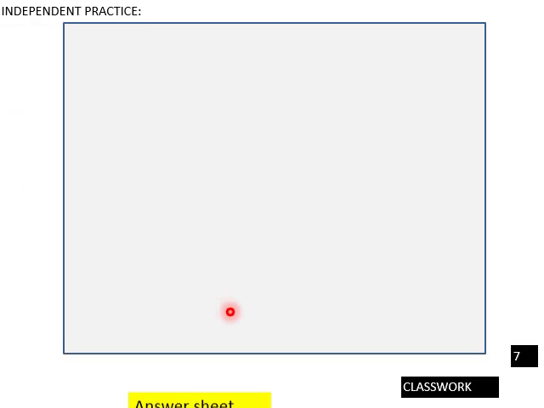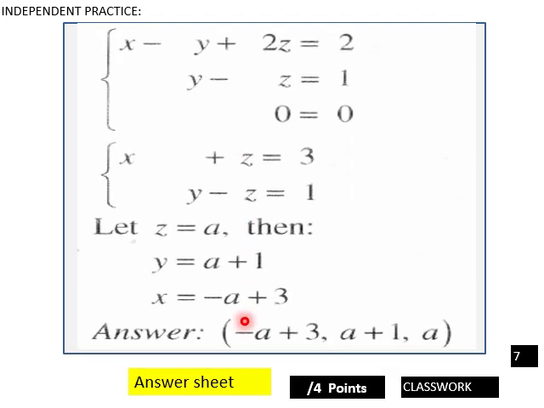When we do that, what do we have next? We end up with this here, 0 equals 0, then x minus y plus 2z equals 2, y minus z equals 1. And so now we can go down further here, x plus z will equal 3 here.